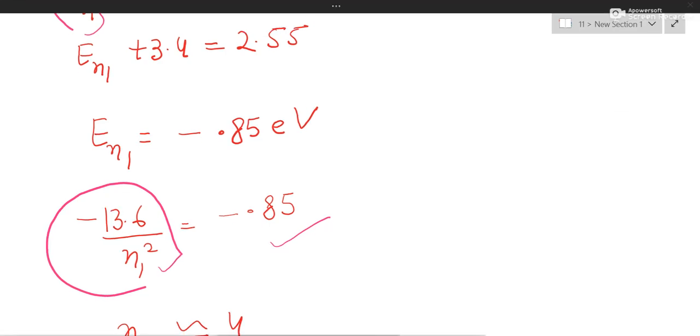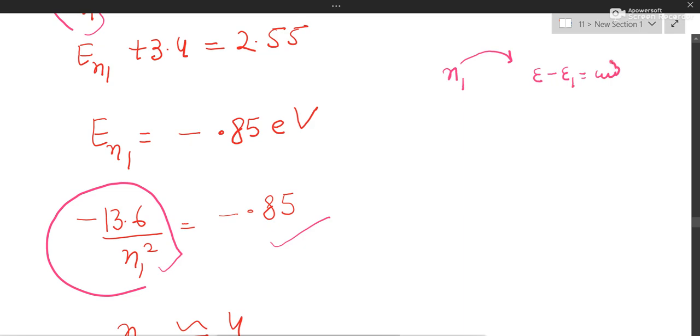Okay, sorry for the disturbance. In this question, the electron is making a transition from N1 to a state whose energy with respect to the ground state is given. First of all, we are finding this out. Now En is ready, then we use minus 13.6 by n square.